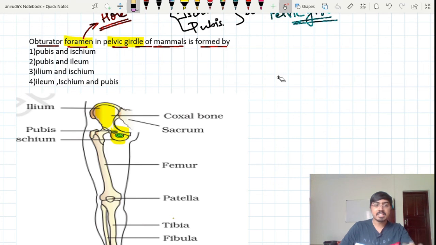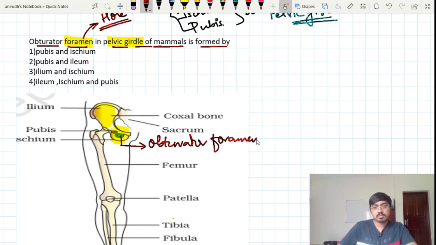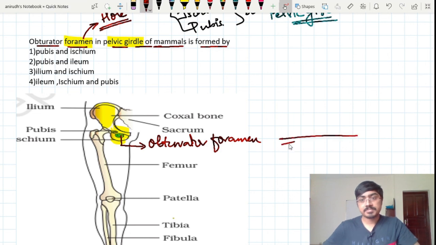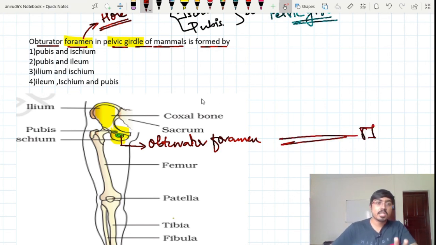And between pubis and ischium, this small hole is there that is given but not marked in NCERT, and this hole is called as obturator foramen. Okay. So with this I'm coming to the end of this particular video. So here the answer is pubis and ischium, isn't it?